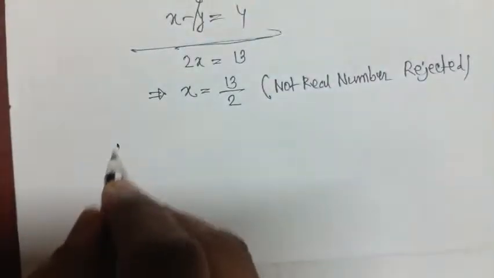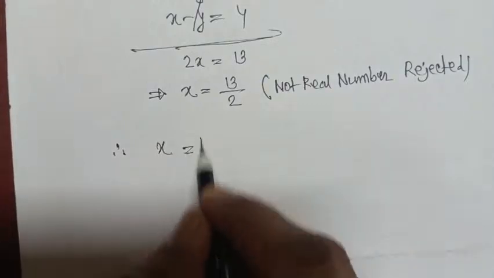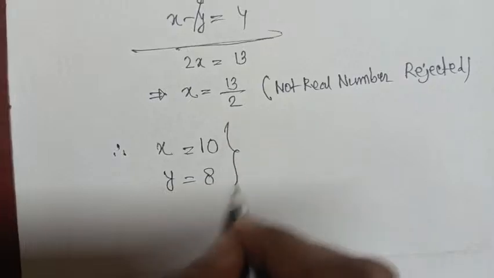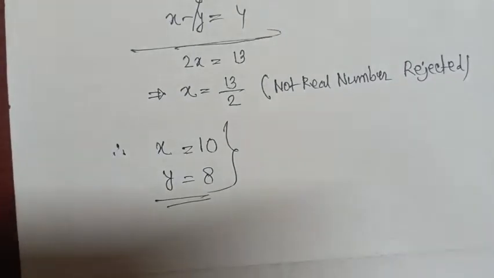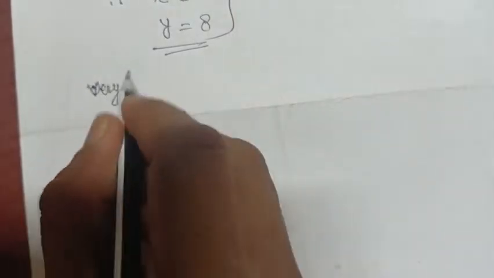So we get only the value of x is equal to 10 and y is equal to 8. So these are the two real numbers we get as a solution of x and y. Now check, verifying. We got the equation x square minus y square is equal to 36.